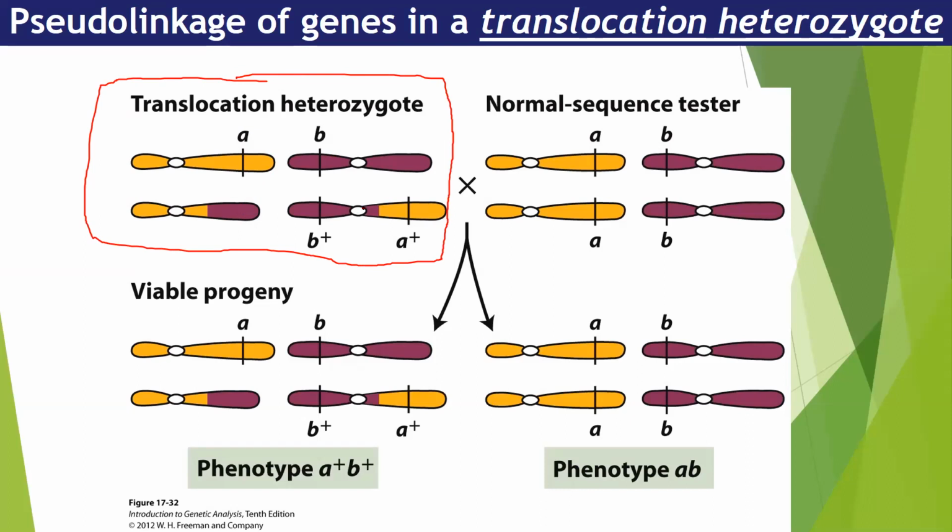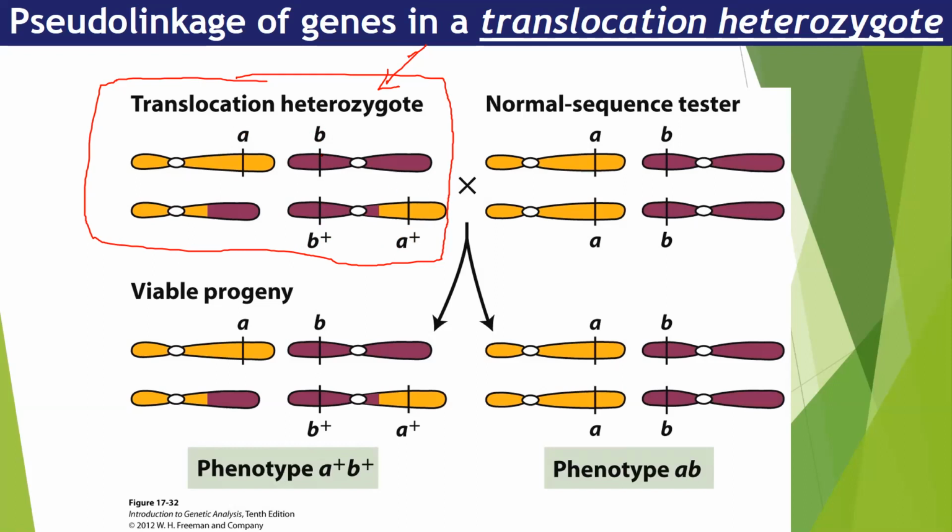However, because of the translocation, this wild type A allele has been translocated to here, on the same chromosome with the B, right? This parent is heterozygous, with the wild type allele and the recessive allele. So this one is a wild type, right?